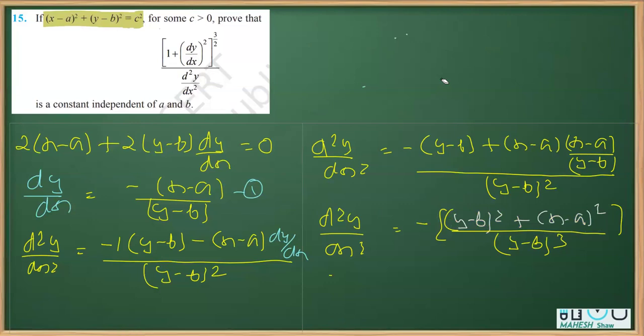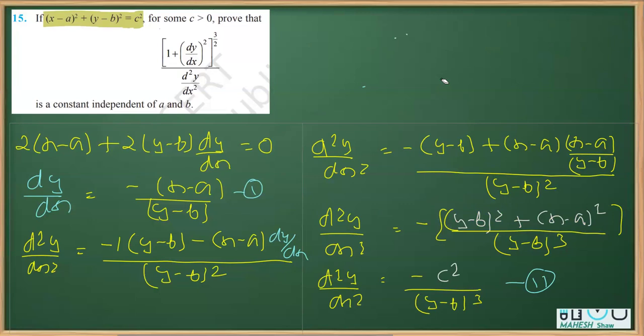So we have d square y by dx square is equal to minus c square, divided by (y minus b) the whole cube. So this is the second order derivative we got.